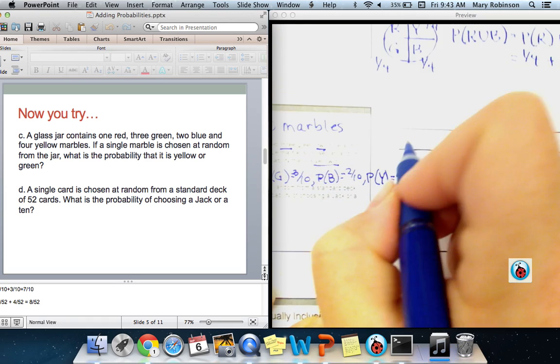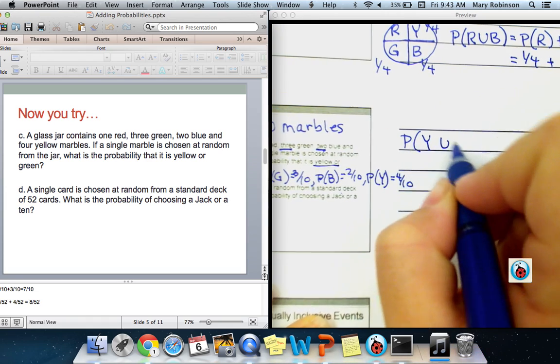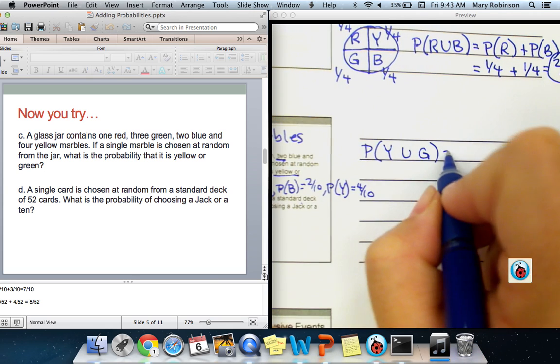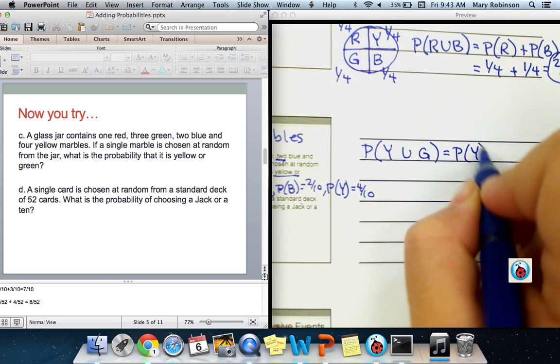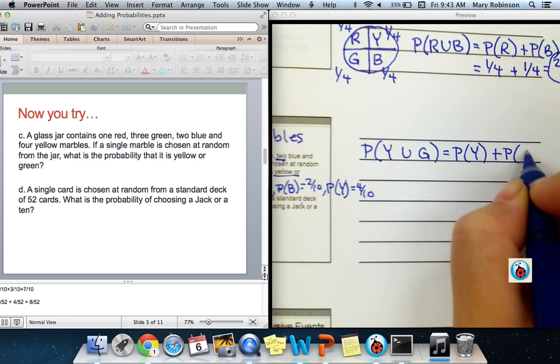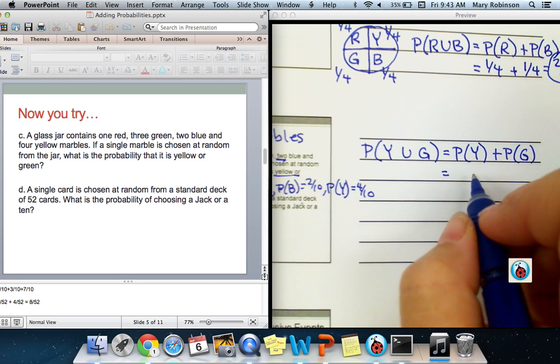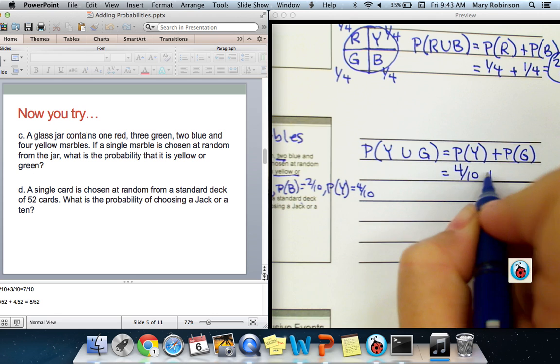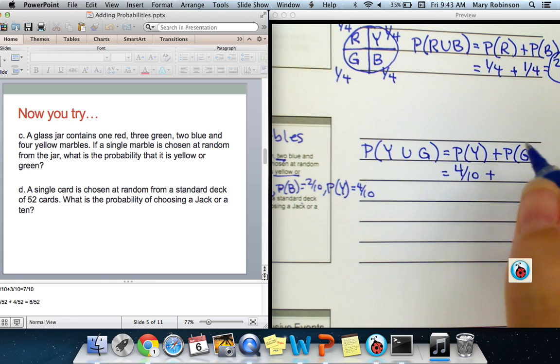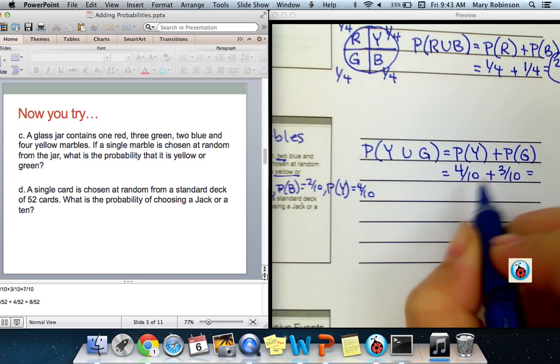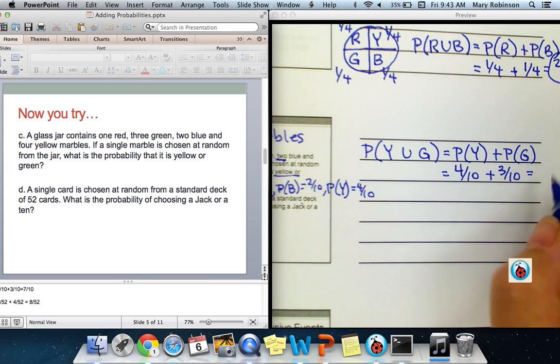Since we want to find the probability that it is yellow or green, we add the probability of picking a yellow with the probability of picking a green. Since the probability of picking yellow is 4 out of 10, I write that, and then the probability of green is 3 out of 10. I find the sum of my numerators, so 4 and 3 add up to 7. So the probability of picking a yellow or a green marble is 7 out of 10.